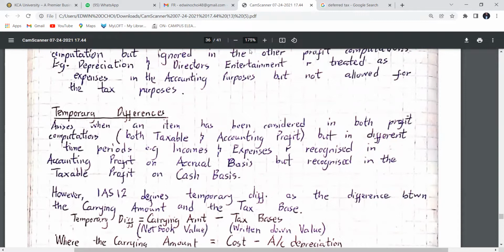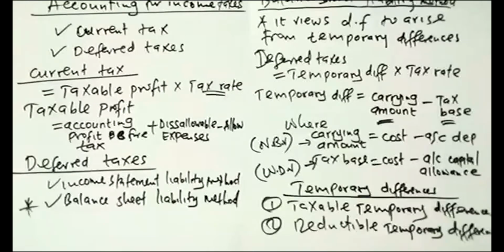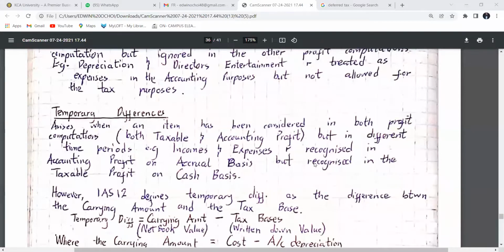So which are some of the accounting concepts you know? That is the accrual basis of accounting and cash basis of accounting. So when we talk about temporary difference, an item has been considered in both profit computations, that is in accounting and in tax, but in different time periods.